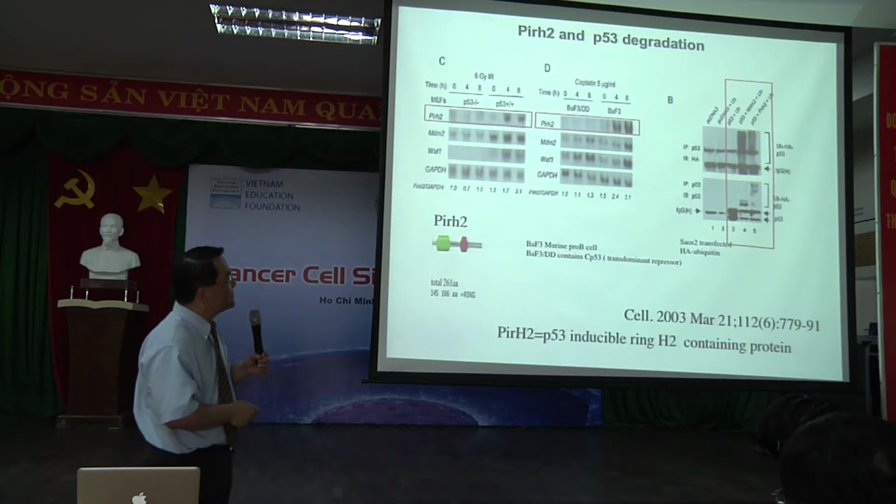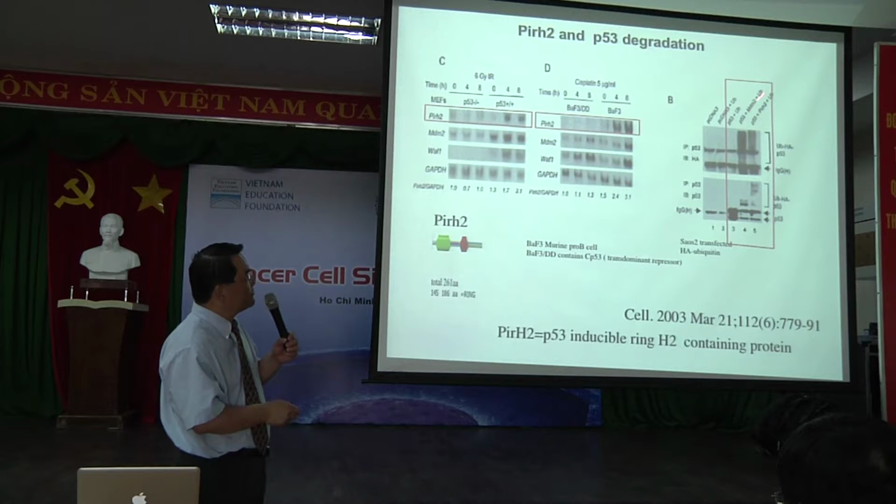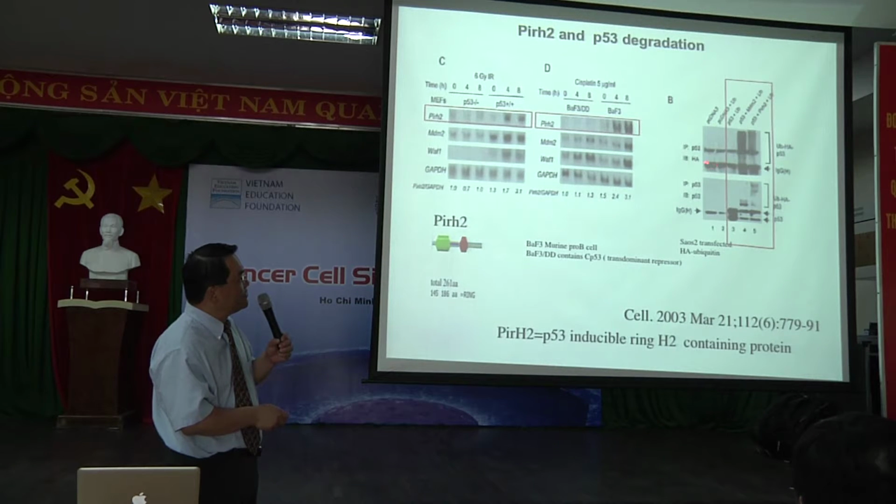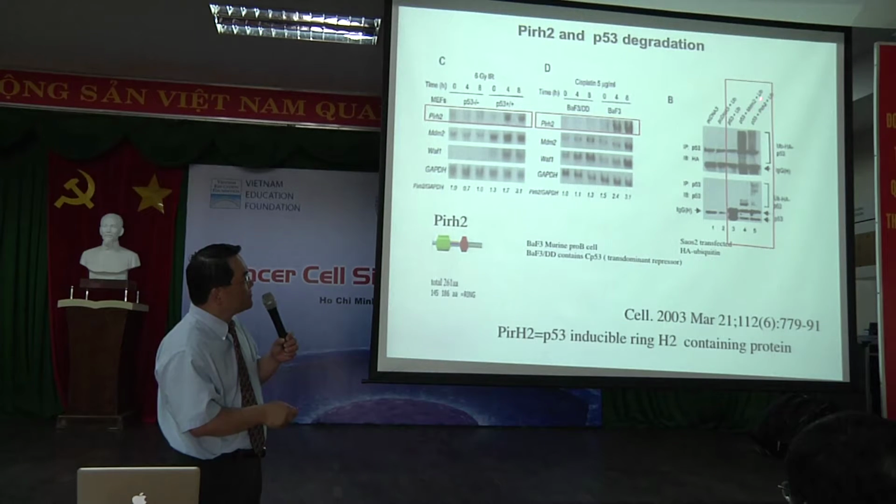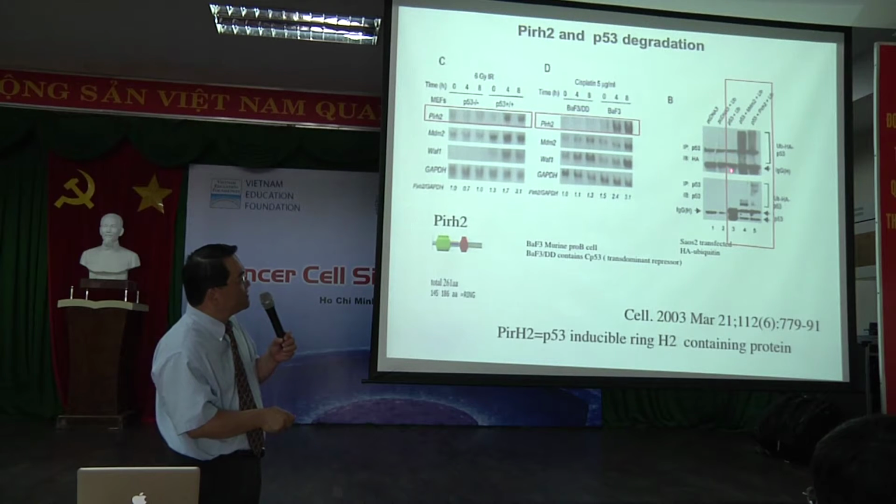You see that? And then this PIRH2 indeed mediates P53 ubiquitination because if you transfect them into the cell, P53 got ubiquitinated. You can see with just P53 and ubiquitin alone, the P53 ubiquitination band was not so obvious. With the presence of MDM2, the smear shows up.